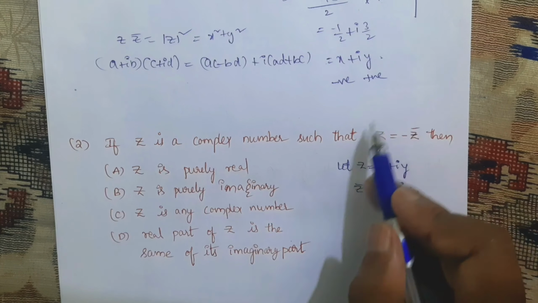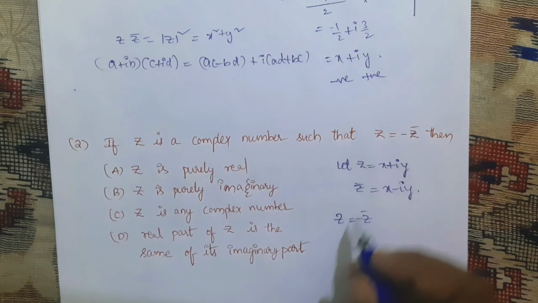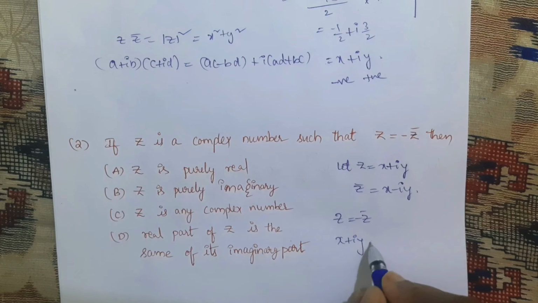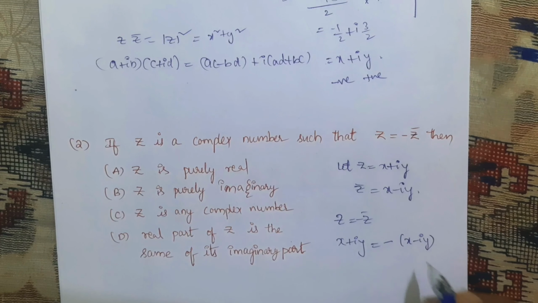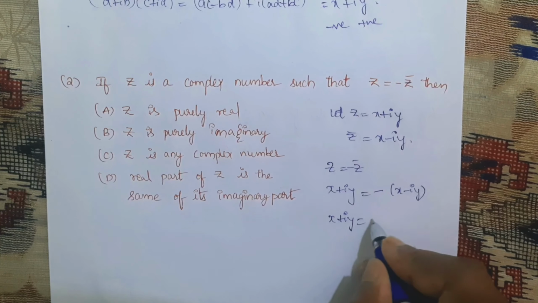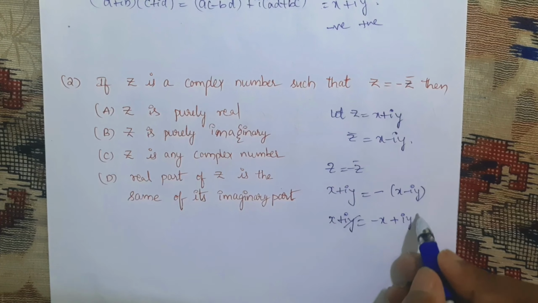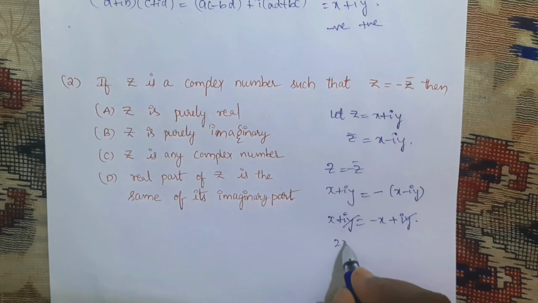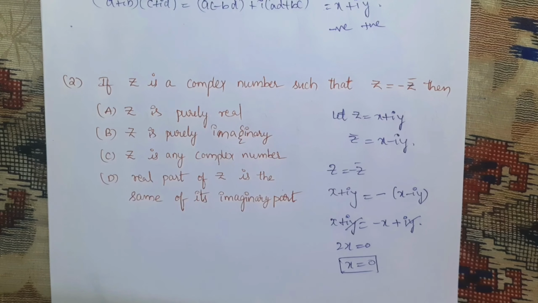Now by using the given condition, z is equal to minus z bar, so x plus iy is equal to minus of (x minus iy), which results in x plus iy equal to minus x plus iy. The iy cancels, x you bring here, 2x equal to 0, that means x equal to 0.